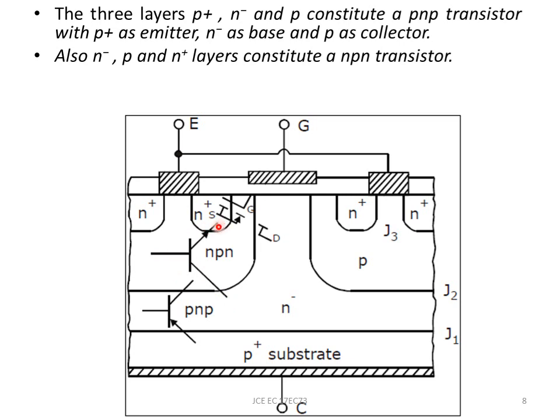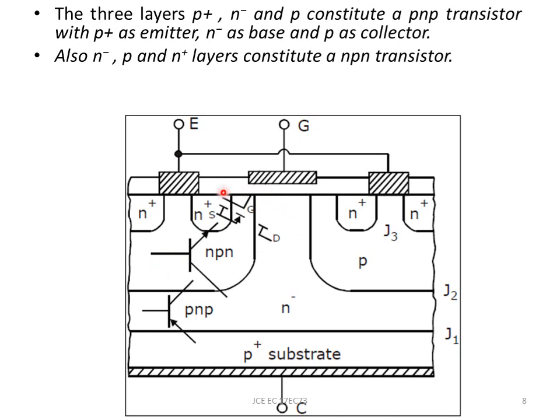So this will be your NPN transistor with collector being N minus, base being the P, and emitter being your N plus.